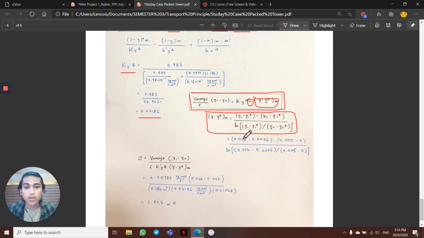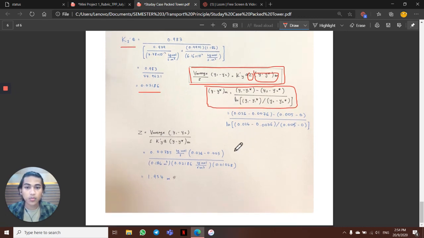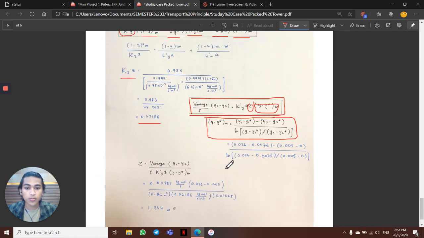Okay, so if you calculate using the formula given, y minus y star in bracket m, we'll get the value, which is 0.01028. Yeah, I forgot to write the final answer for the y minus y star m.